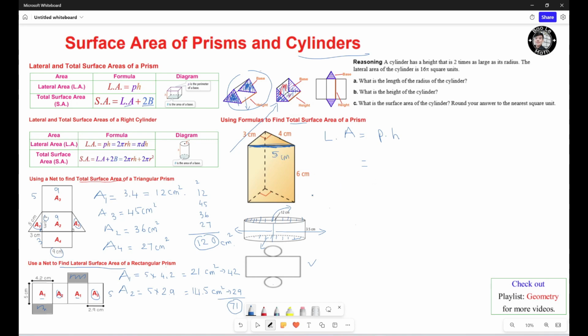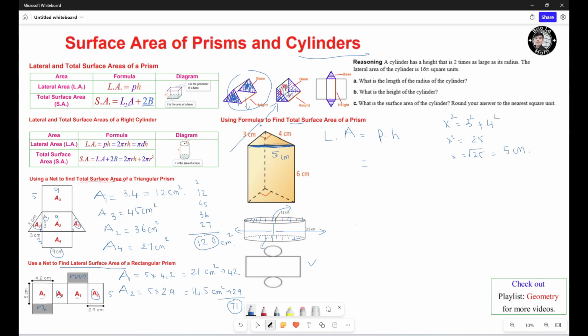Alright. So I call this s, okay? So I have s squared equals 3 squared plus 4 squared by the Pythagorean theorem. So s squared equals 25. So s equals root 25. And then it's going to equal 5 centimeter. Alright, so this is 5.